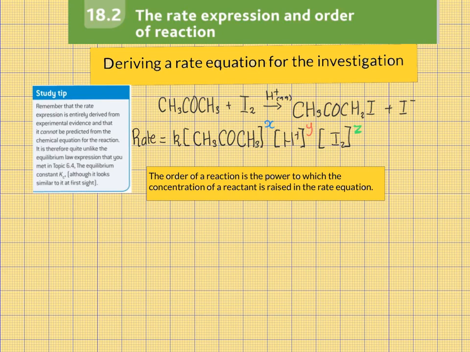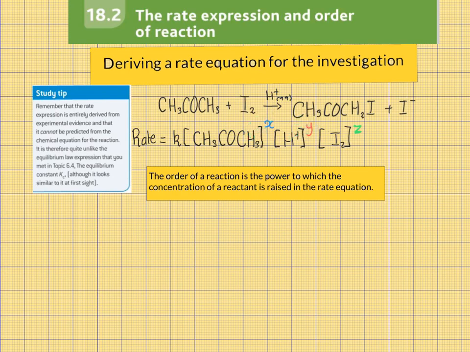And the rate expression can only be derived from carrying out experiments. It can't be predicted by looking at the overall stoichiometric or balanced equation like you can for Kc, the equilibrium constant. Lots of students get these confused. You can only derive rate equations or rate expressions from experimental evidence. And we can't find this until we've actually done the experiment.